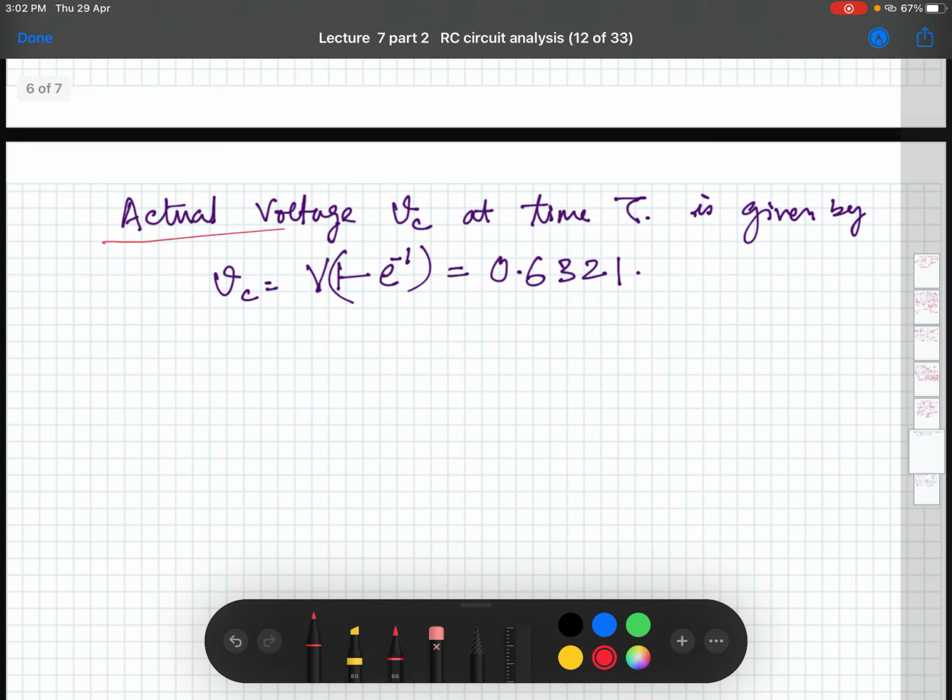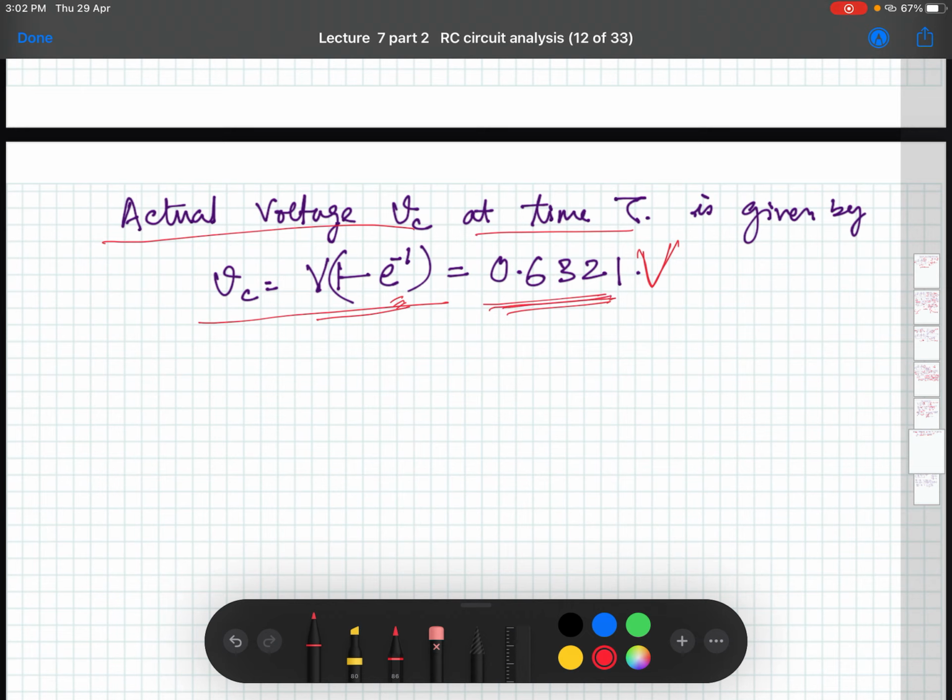So let us see, in actual sense, in 1 time constant, what amount of voltage is achieved. The actual voltage Vc at time t can be calculated by putting V into 1 minus e raised to power minus t by tau. With t equal to tau, that comes out to be e raised to power minus 1, and this is the amount of voltage we have. V is multiplied by 0.63, so 63% of the final voltage it reaches.